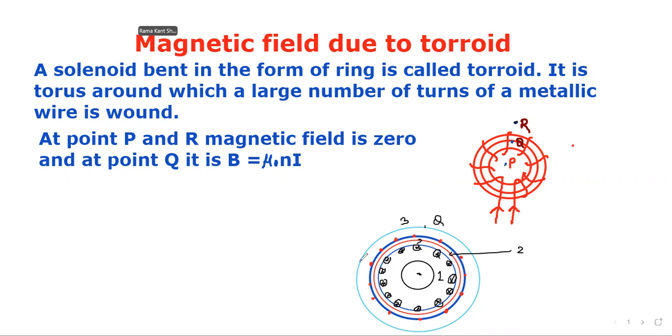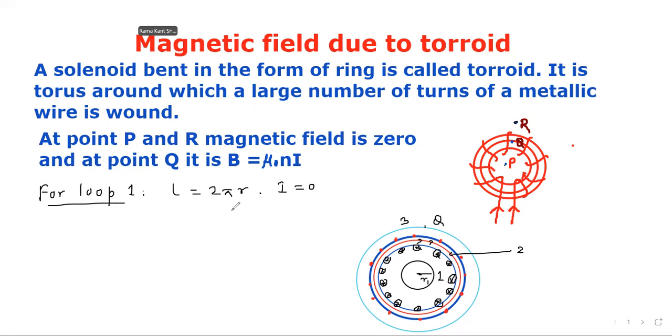So for the point in the open space interior, for loop 1, suppose the radius of this loop is R1, then the length of this loop, suppose it is L, will be 2 pi R. Now there is no current inside it, because current flows only within the core, so I will be 0.